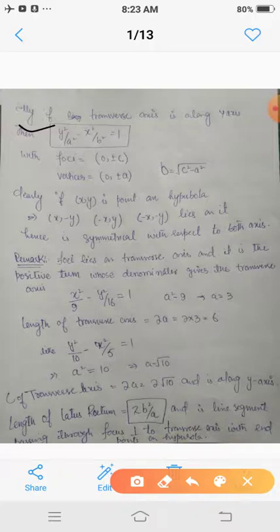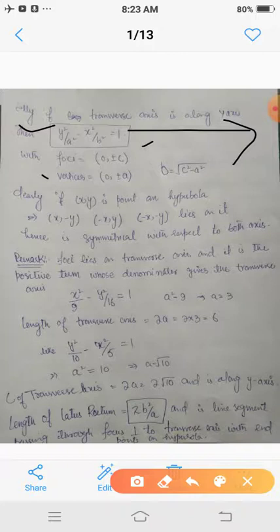Hence their coordinates are 0, plus minus c. Vertices lie on this y-axis, which implies that the coordinates are 0, plus minus a, where b equals root of c square minus a square. So this is a hyperbola whose transverse line is along the y-axis.